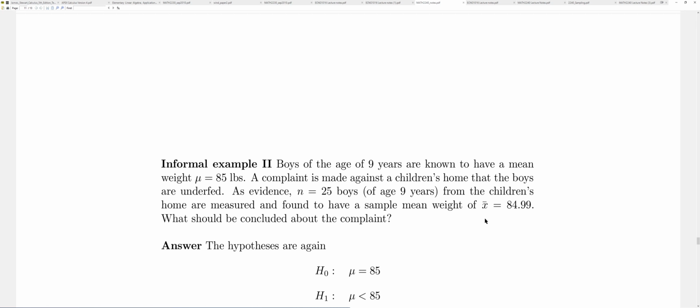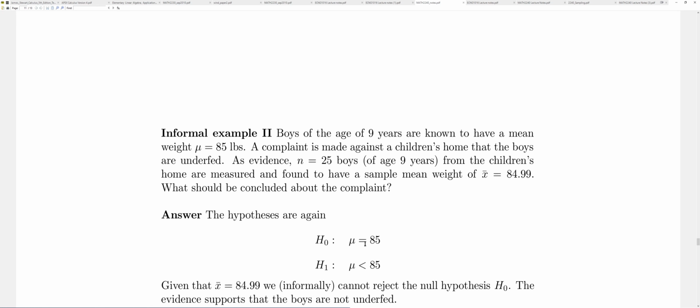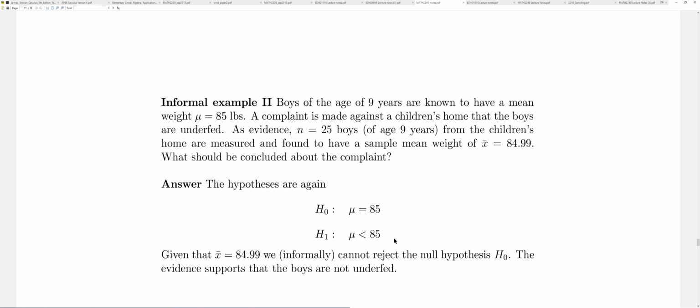So what you can't do is reject the H0. In this situation, you cannot reject H0, and if you can't reject H0, then there's no evidence to support H1.